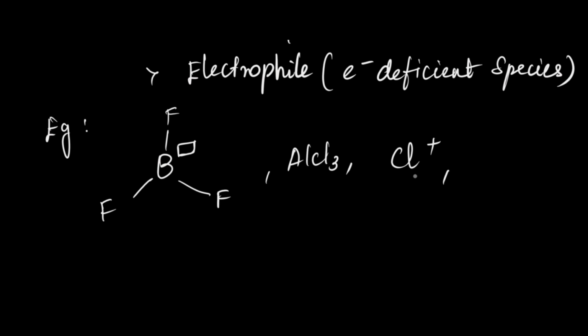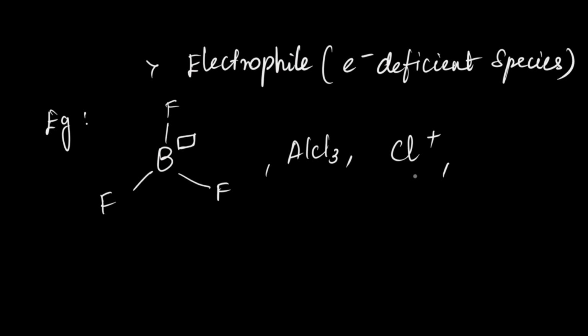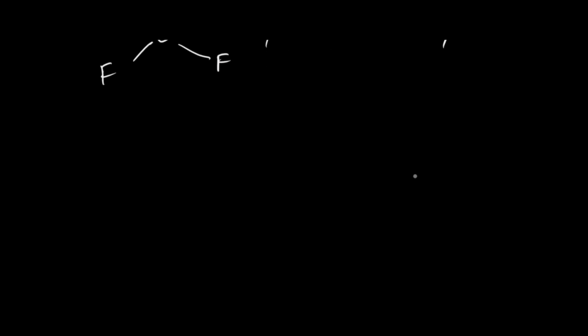These are some electrophile examples, and they are electron deficient also. Okay. Then let's move on to the magnetic property, whether that is paramagnetic or diamagnetic. Of course, these are diamagnetic species because there are no unpaired electrons like we saw in free radicals.